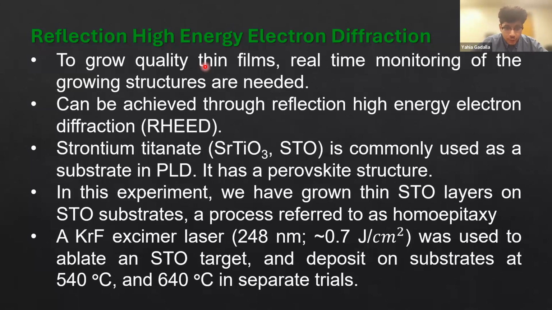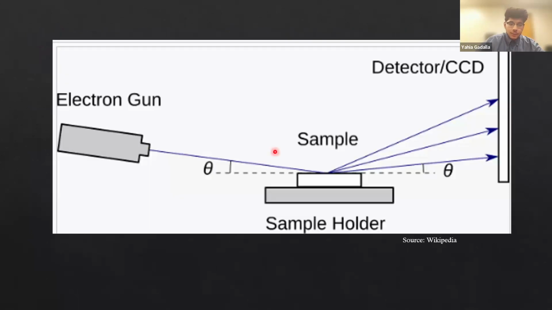In this experiment, we have grown thin STO layers onto STO substrates, a process referred to as homoepitaxy. We used a krypton fluoride excimer laser with a 248 nanometer wavelength and around 0.7 joule per centimeter squared fluence to ablate an STO target and deposit onto substrates at 540 degrees Celsius and 640 degrees Celsius in separate trials.